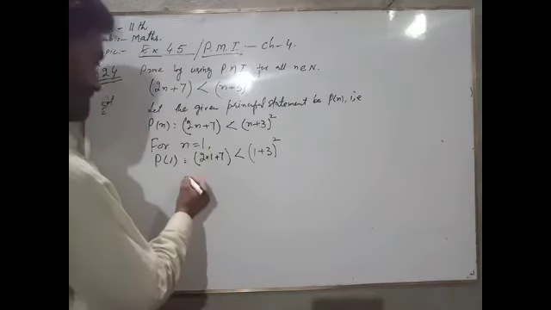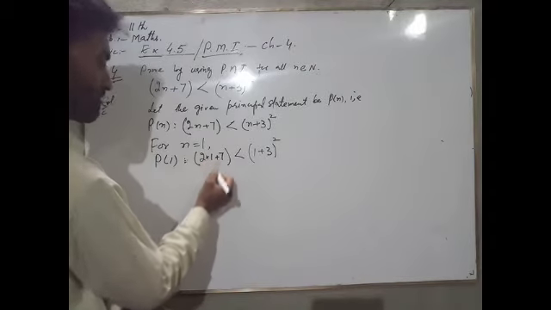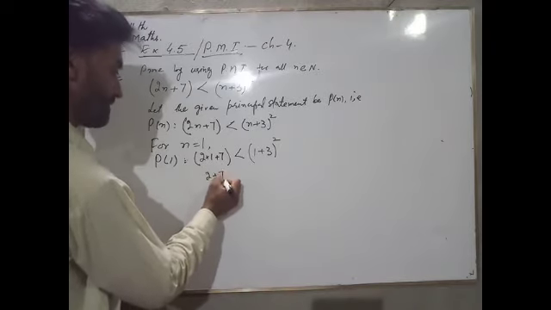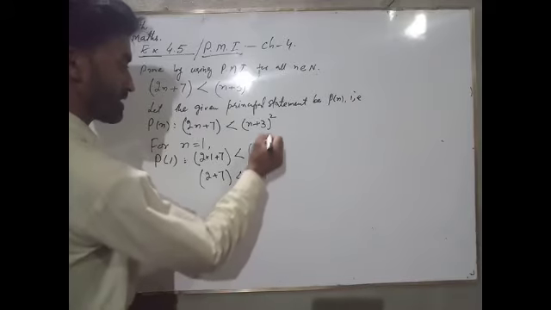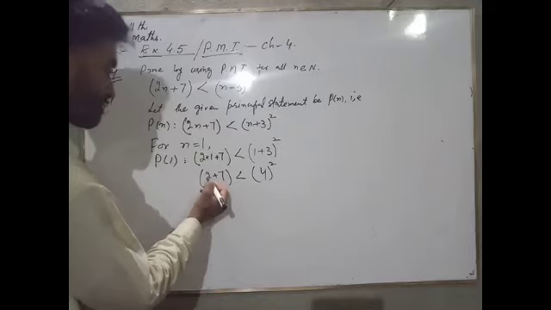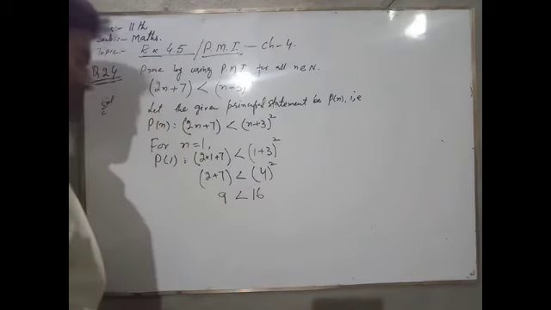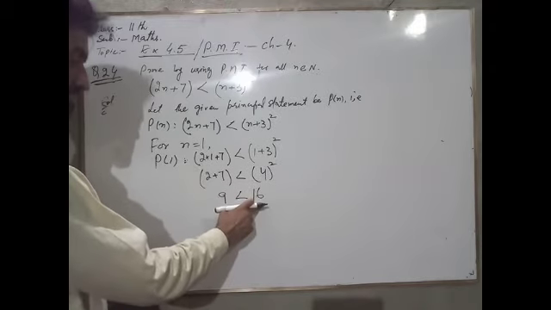Here, 2 into 1 is 2, 2 plus 7 is 9, and (1 plus 3) is 4, so 4 square is 16. 9 is clearly less than 16.